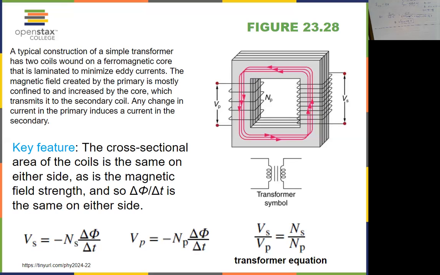So Vs over Ns is equal to Vp over Np, or Vs over Vp is equal to Ns over Np. So the voltage ratio between the secondary circuit and the primary circuit is equal to the number of turns in the secondary coil over the number of turns in the primary coil.